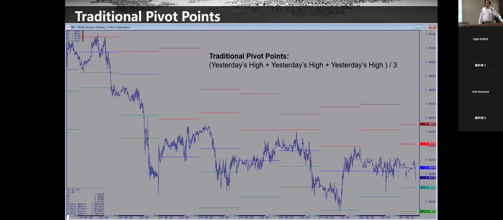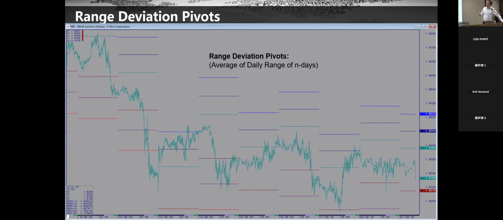These are the traditional pivot points that were originally calculated using the average of yesterday's high, low, close. I don't know why I actually wrote that wrong. So it's yesterday's high, low, and close, and we only basically look at the previous day's information.